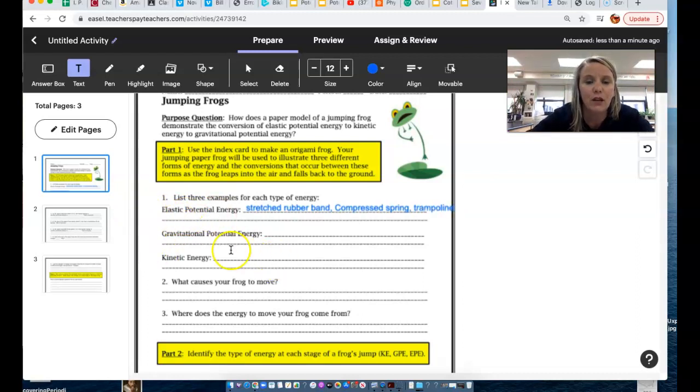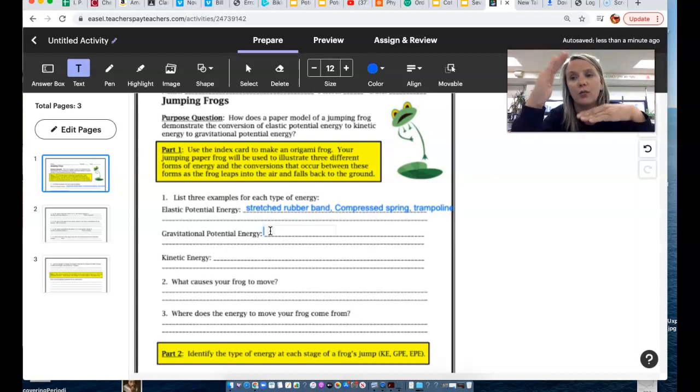Okay. Gravitational potential energy. What are some gravitational potential energies? Well, we already talked about roller coasters, right? Gravitational potential energy is when there is an object on top of a hill and it's just kind of teetering there. And if we move it one way or the other on the hill, it is going to roll down the hill due to gravity, right?